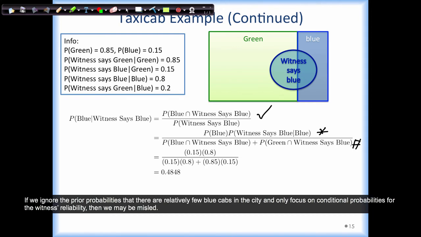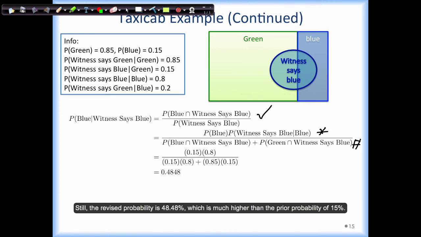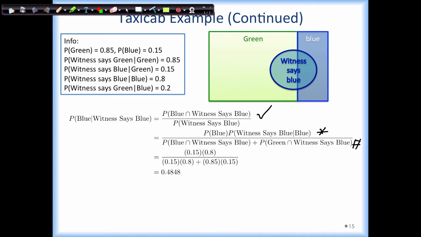If we ignore the prior probabilities that there are relatively few blue cabs in the city and only focus on conditional probabilities for the witness reliability, then we might be misled. Still, the revised probability is 48.48%, which is much higher than the prior probability of 15%.